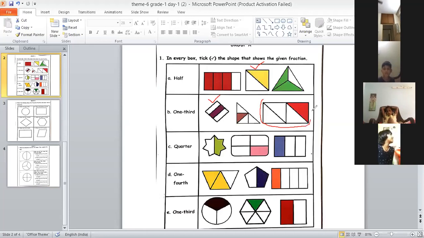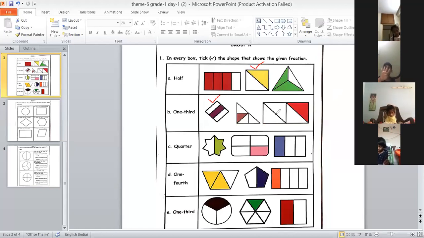We are talking about this shape, this rectangle. Now tell me, this rectangle is divided into how many parts? Count and tell me. Speak up, come on. 4. Yes, so this shape is divided into 4 parts. Very good.